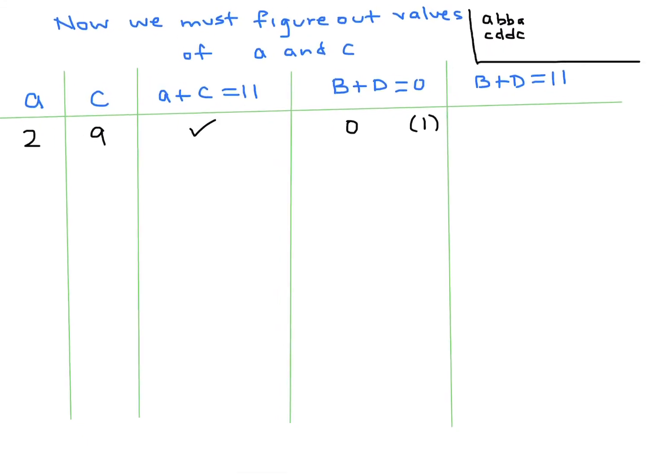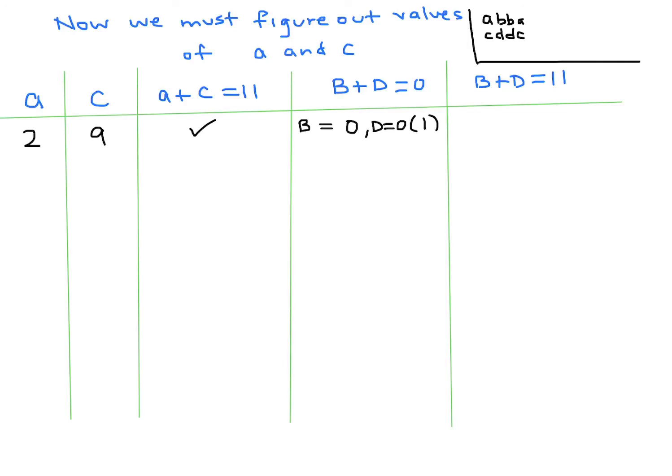And we created them as follows. For A, B, B, A, B and D equals 0, so that means B is 0 and D is 0. That's the only way this will work, right? Because you can't have negative numbers. You can't have 4, negative 2, 6, 1. That's not a number.